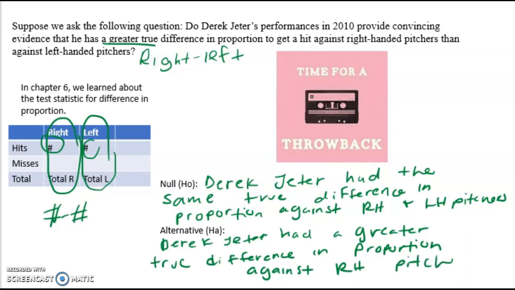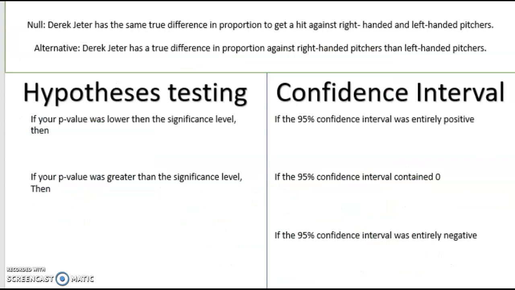Okay, and remember that alternative hypothesis comes from the question of interest and what we think that he does, who he thinks he does better against. All right, so I went ahead and I just typed out the null and the alternative that we just talked about up at the top.